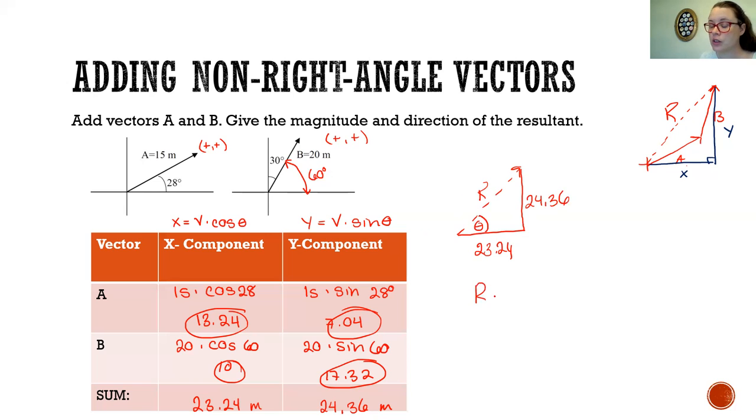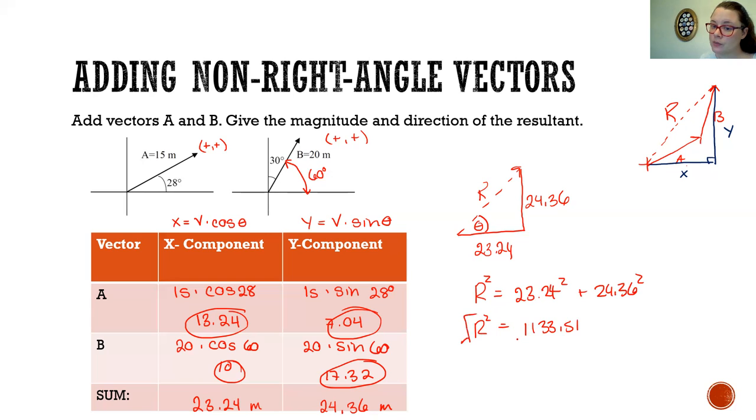So the length of the resultant is equal to, well, you have to do a squared plus b squared equals c squared, so the resultant squared is going to be 23.24 squared plus 24.36 squared, which gives us 1,133.51.